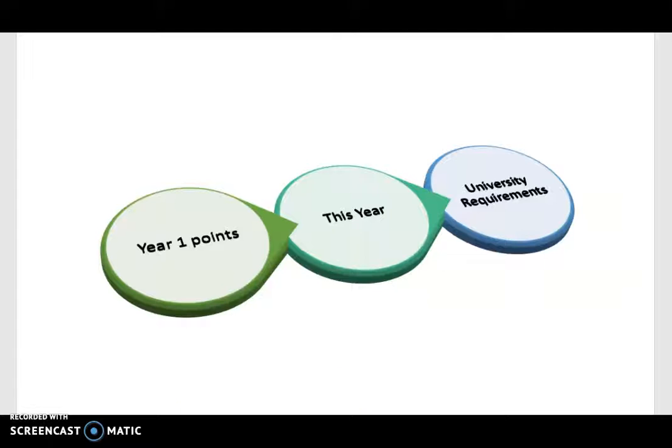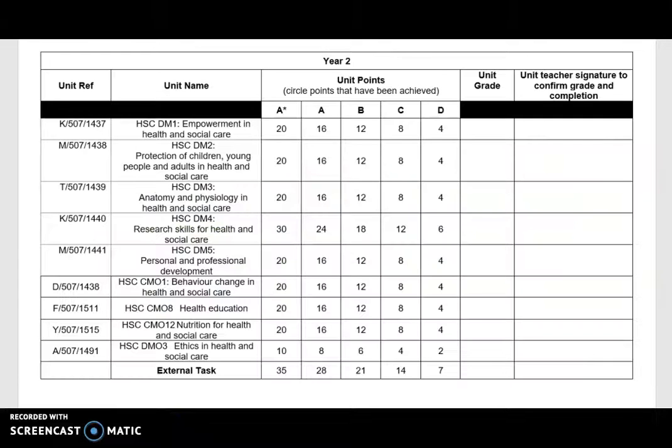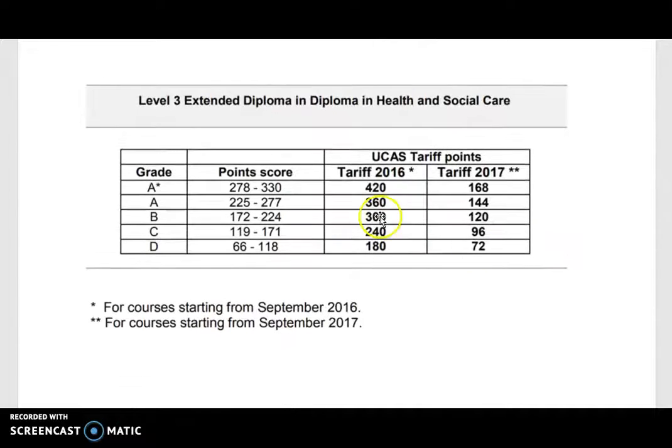So if we return to the other slide, you want to make sure that here is where you achieve the grades that you need. So if it means that you have to still get 20 points, plus 20 points, plus 20 points, plus 30 points, plus 20 points, plus 20 points, plus 20 points, plus 20 points, plus 10 points, plus 35 points to get to a place whereby you can get enough, then that is what you need to work on.